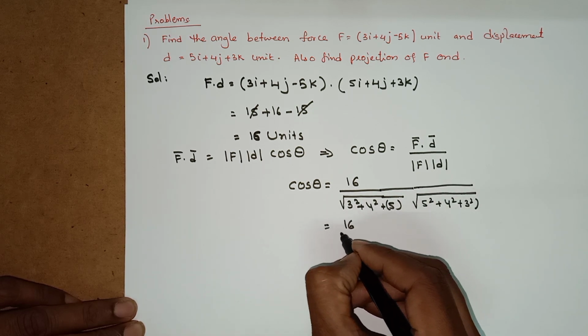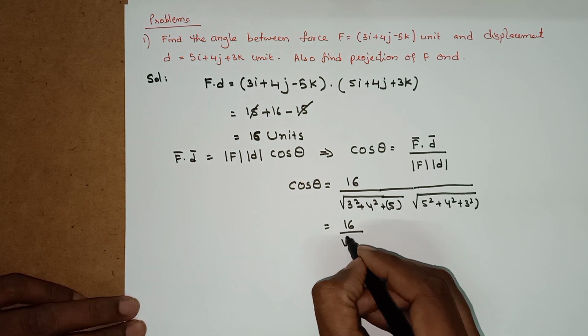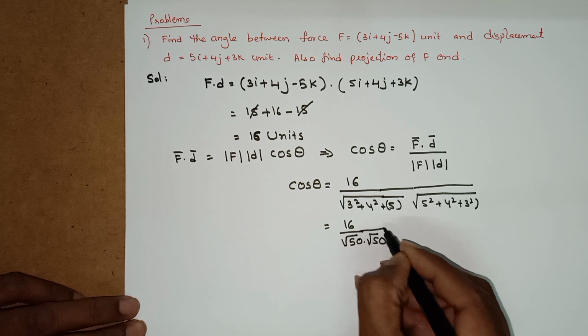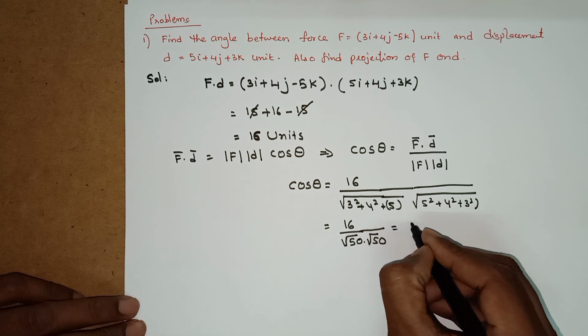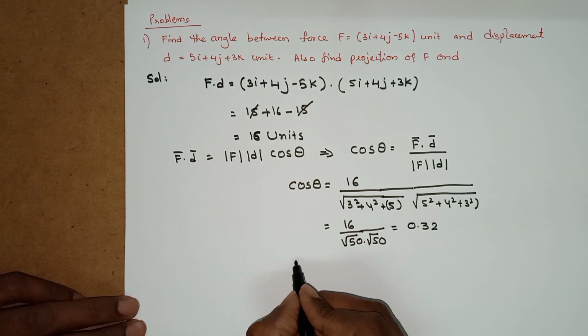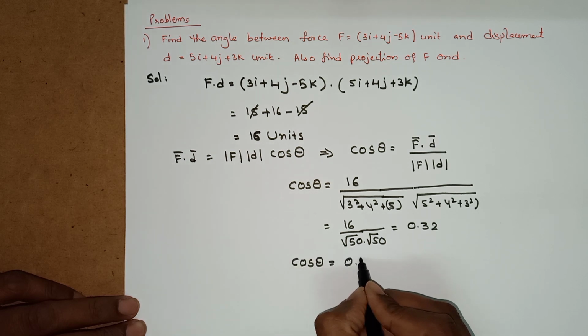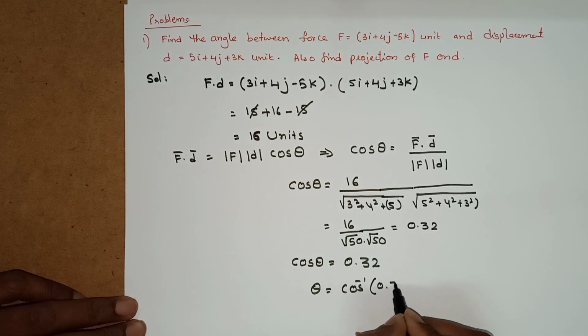You will get it as 16 by root 50 into root 50. This is approximately 0.32. So we got cos theta equals 0.32. Theta is equal to cos inverse of 0.32.